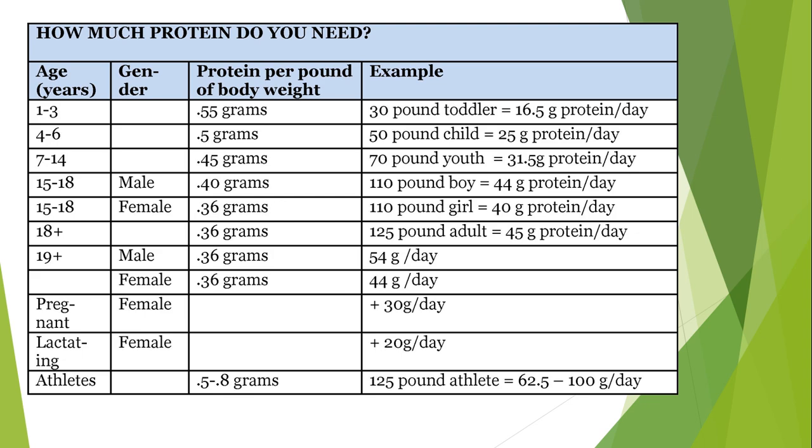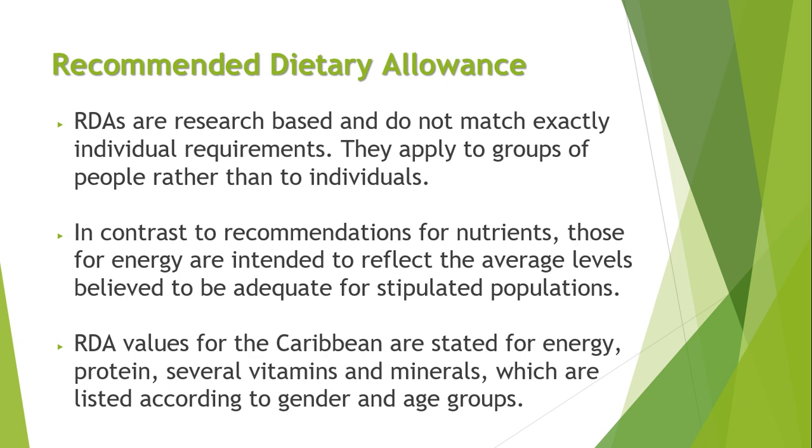So here's another example, and you can go through on your own and do your own research to help. All right. RDAs are research-based and do not match exactly individual requirements. They apply to groups of people rather than individuals.